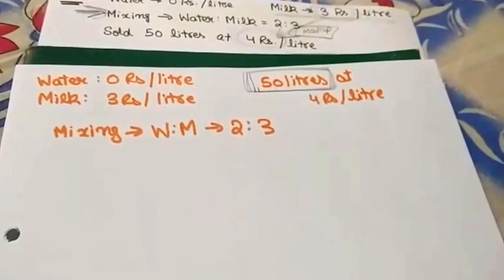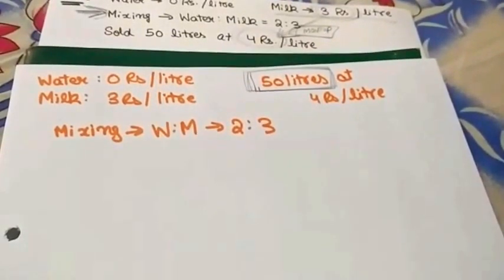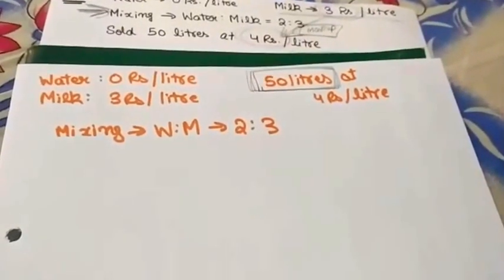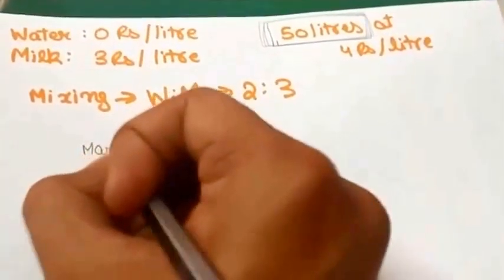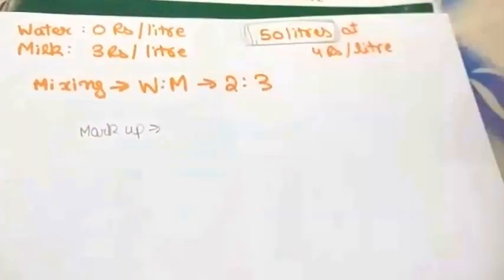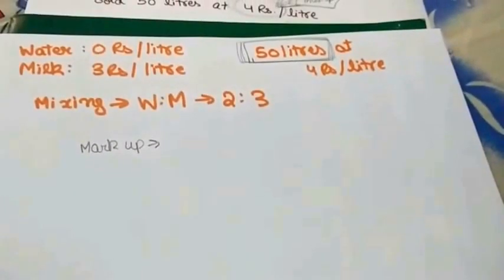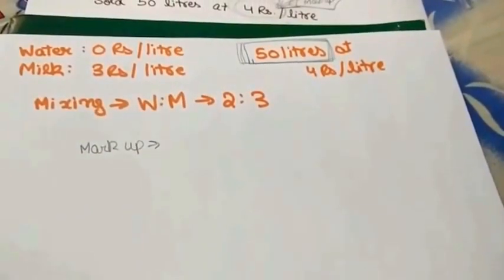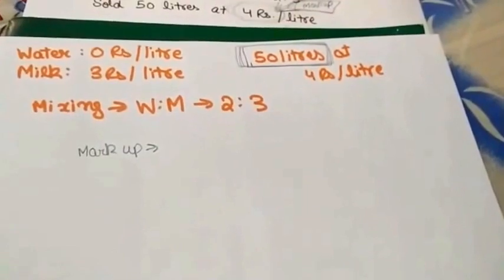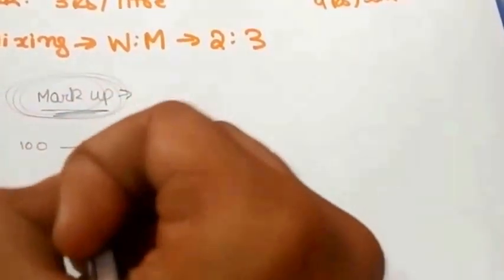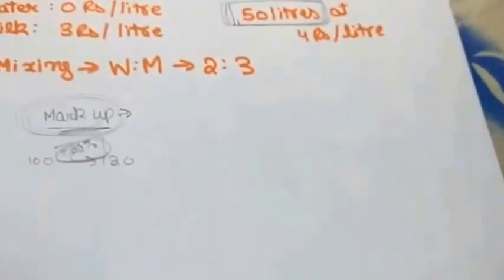So, if you just think about this markup, you know what the SP and what the CP would have been if there was no fraud. So markup is that increase in the price, from that initial 100 rupees to when we went to 120 rupees, that plus 20%, that was the markup, right?